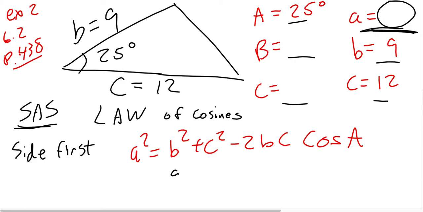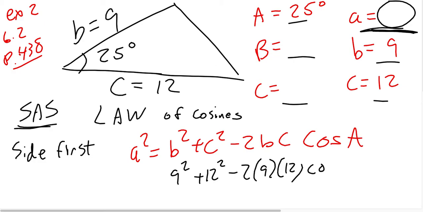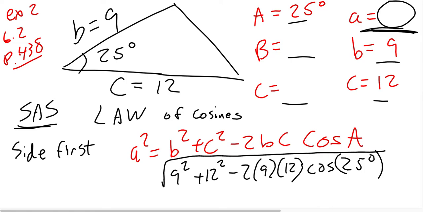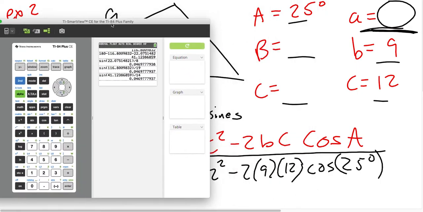We know this is 9, this is 12, minus 2 times 9 times 12, cosine of 25 degrees. And then when we're done, we want to take the square root of all this, and that's what A will equal. Okay, so take our calculator here.